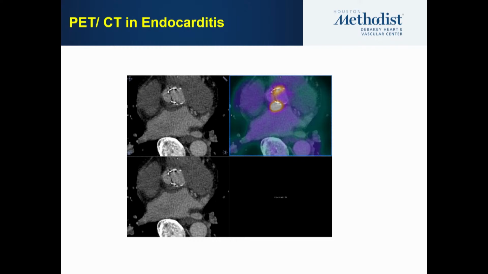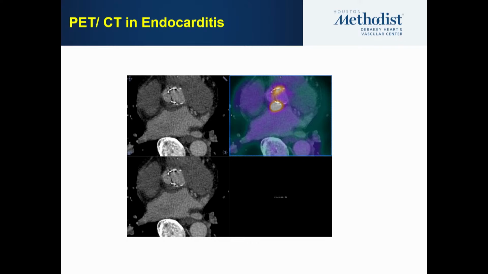Endocarditis. So see on CTA there is this area here, which is hypoattenuation. It's very hot. Even there is another one here which is not well seen here, but you can see. So two potential abscesses in this patient.